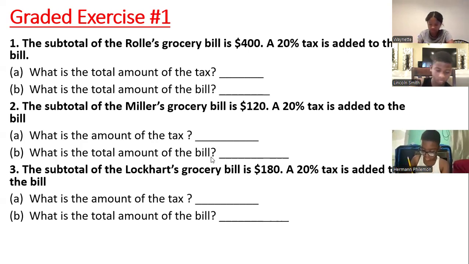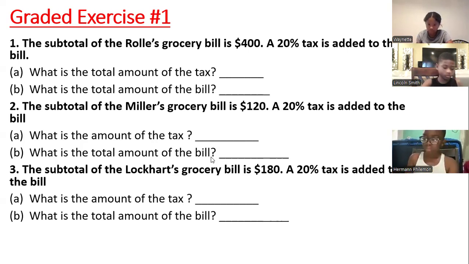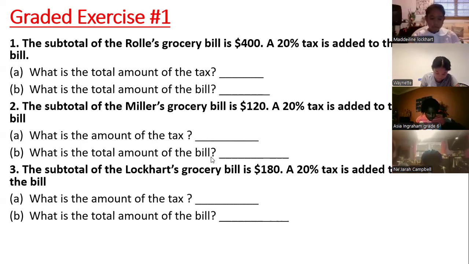And Madeline Lockhart, what did you get for number 1A? I have $80. Very good. How about number 1B? I have $480. Very good.